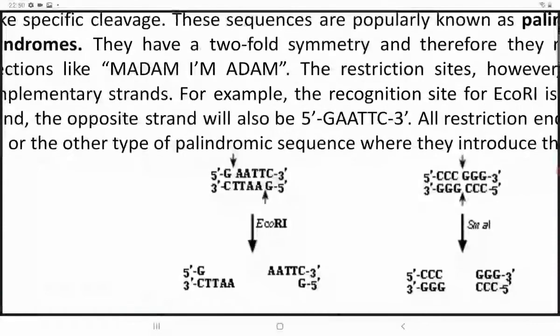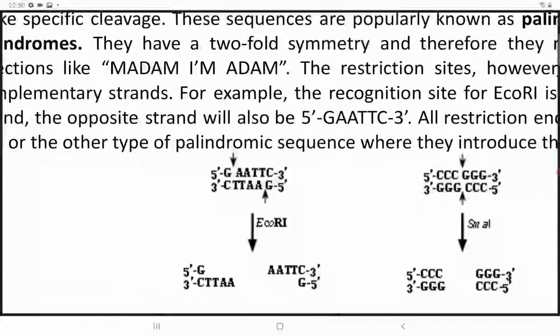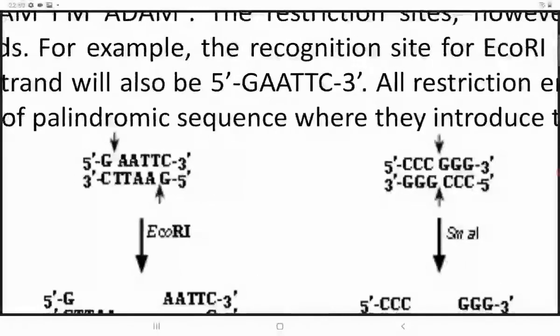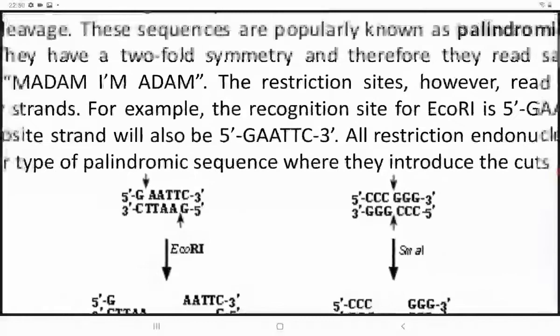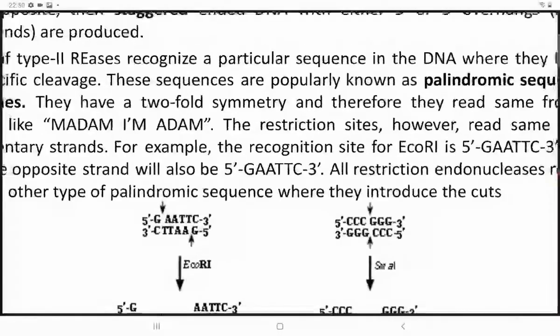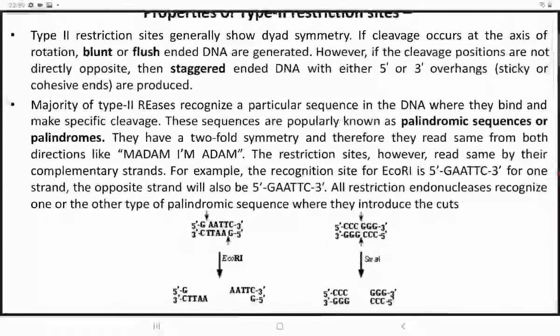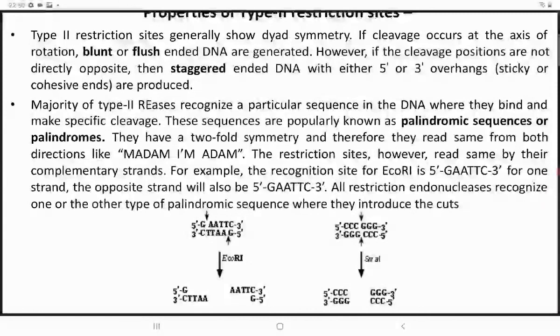If you go by this one, 5 prime GAATTC 3 prime, the opposite strand is also 5 prime GAATTC 3 prime. Similarly, 5 prime CCCGGG 3 prime, the other strand is again 5 prime CCCGGG 3 prime. So all restriction endonucleases have this kind of palindromic sites where they will bind and make cleavage. They will either produce a staggered cut or a blunt ended or flush ended DNA.